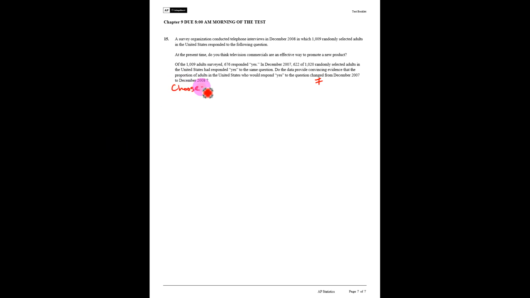Choose 2-prop z-test for, I'm going to use P8 minus P7, where P8 equals 2008 and P7 equals 2007.